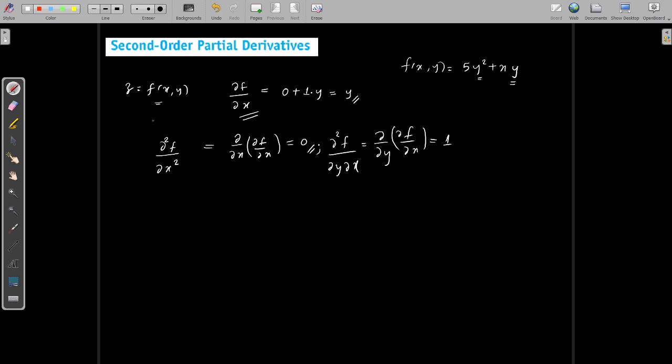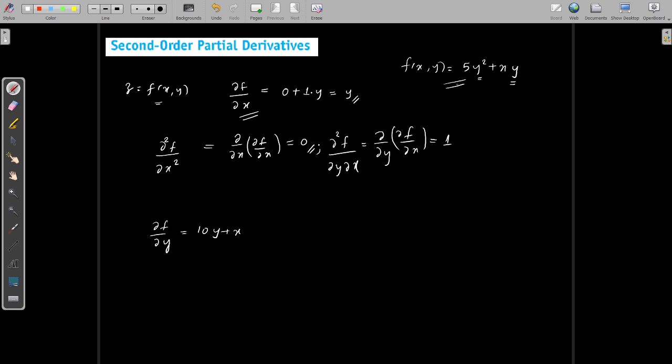you can produce other second order partial derivatives by taking df by dy first. When you consider f of xy and differentiate it with respect to y first, taking x as a constant, this will give 10y plus x.